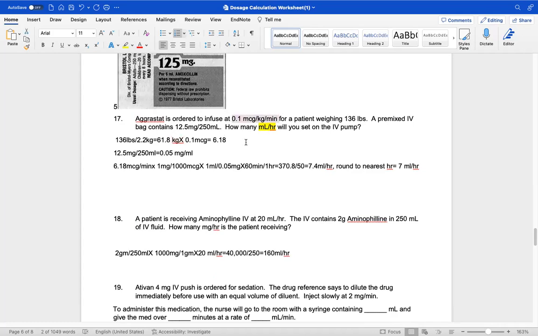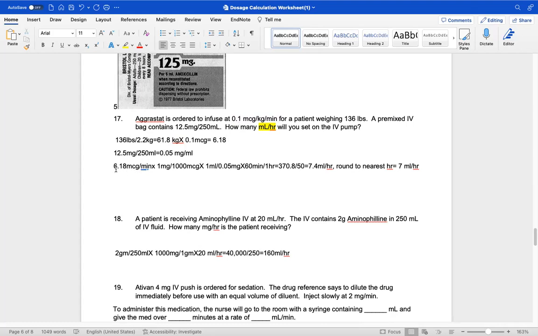We have to figure out what the dosing is. So we are going to take this 61.8 kilograms and multiply this by 0.1 micrograms. That is going to give us 6.18 micrograms per minute is what we are dealing with here.